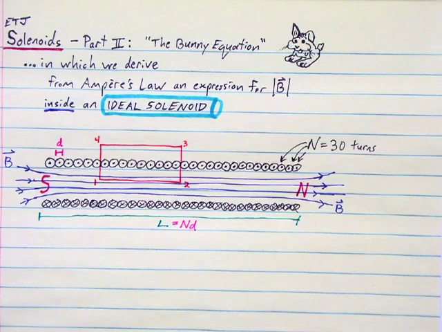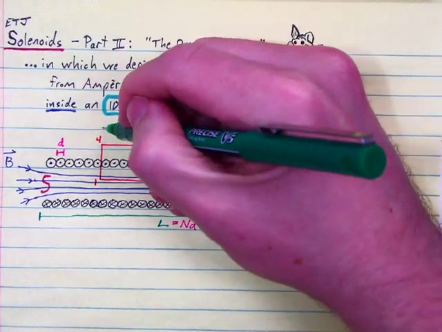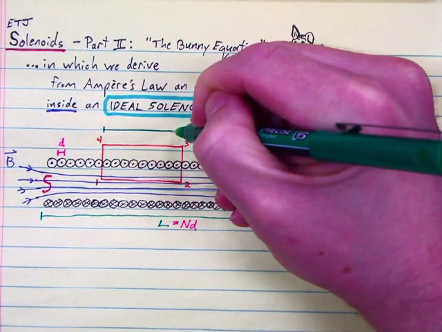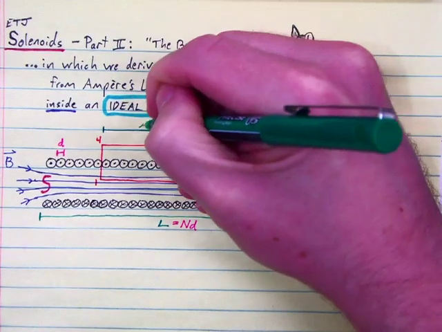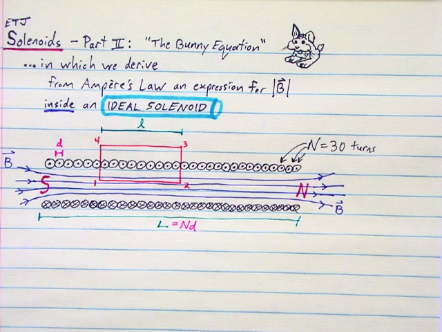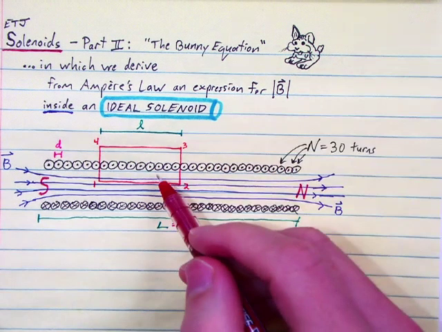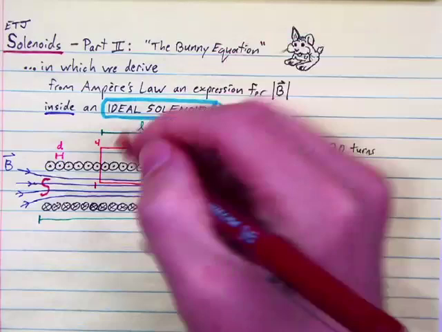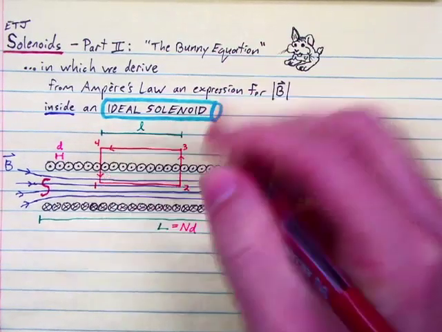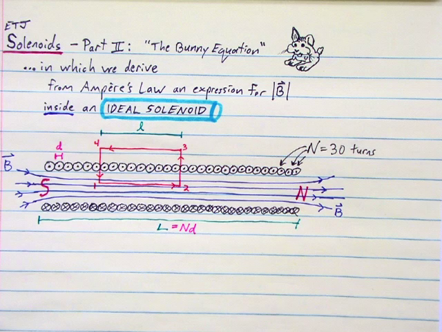Let's say the length of this rectangle, this arbitrary length here, we'll call little l. And since we're enclosing current that's coming out of the page, I'm going to be traveling counterclockwise around this loop.